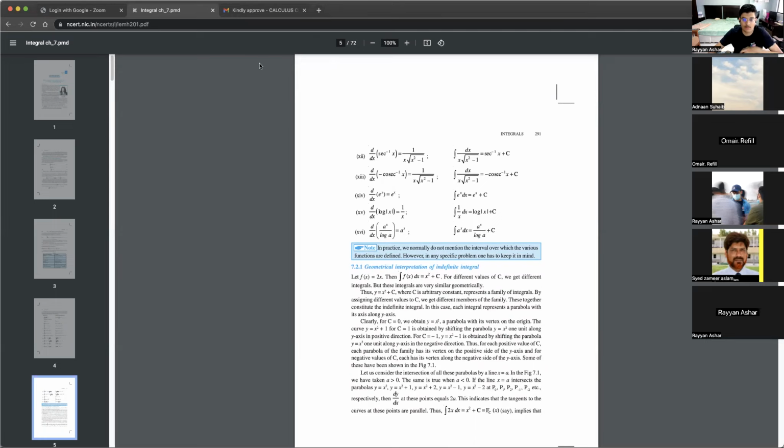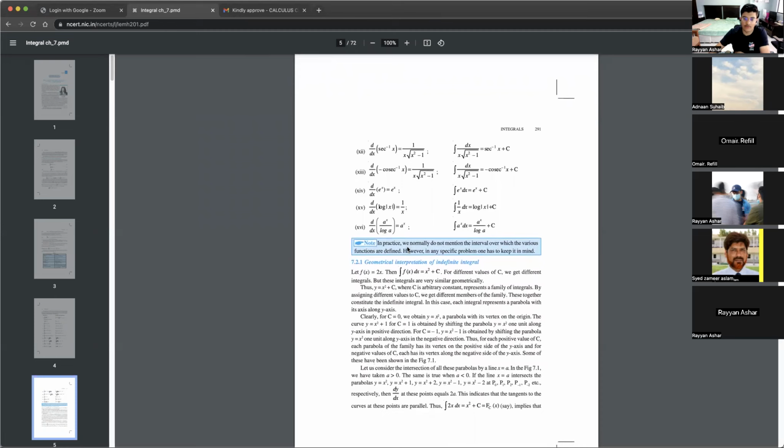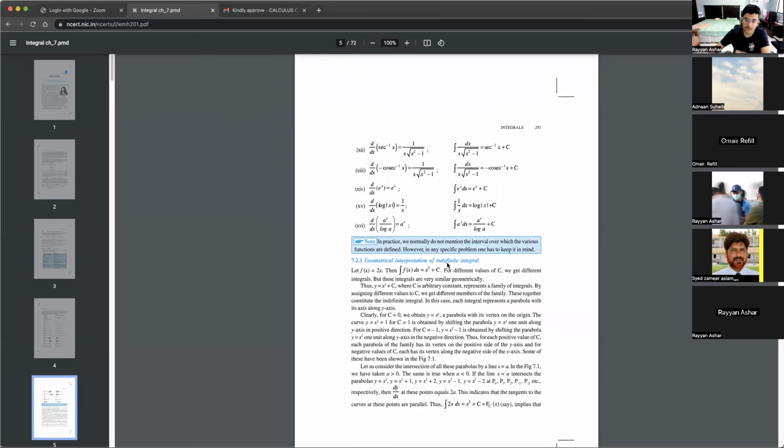Thank you. Okay. So the geometrical interpretation of an indefinite integral is essentially, let's read what it says. Let f(x) equal 2x, then the integral of f(x) dx is equal to x squared plus c. This is actually a good introduction point.